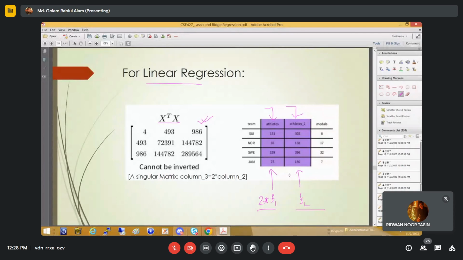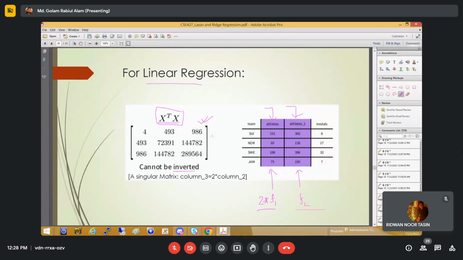Usually we call this collinearity. If we have those collinear features, then when we find X transpose X, this matrix will not be invertible.